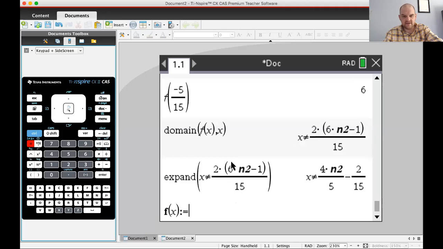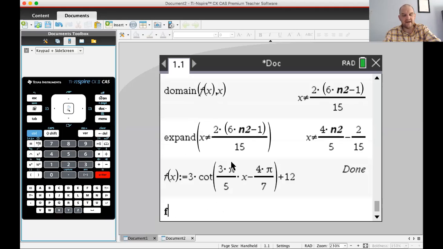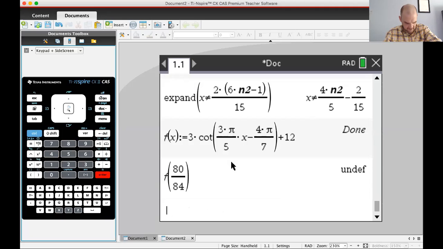So I'm gonna redefine f of x to be 3 cotan of 3 pi over 5 x minus 4 pi over 7, plus 12. All right, so I think the f of 80 over 84 should be undefined. And it is, that's good.